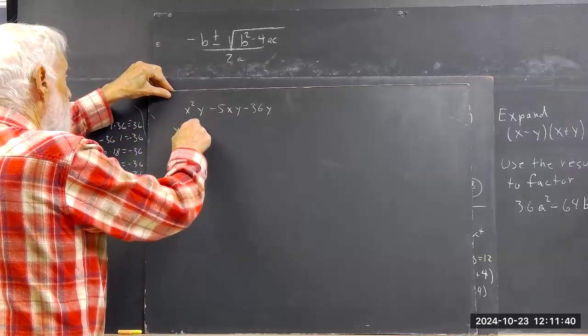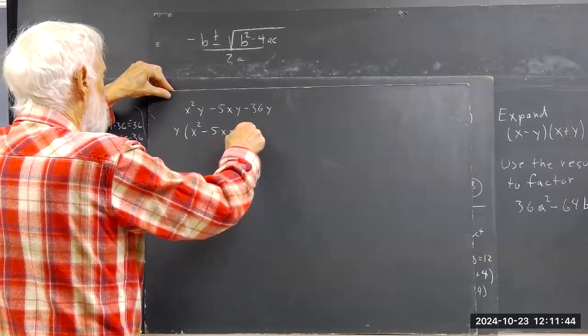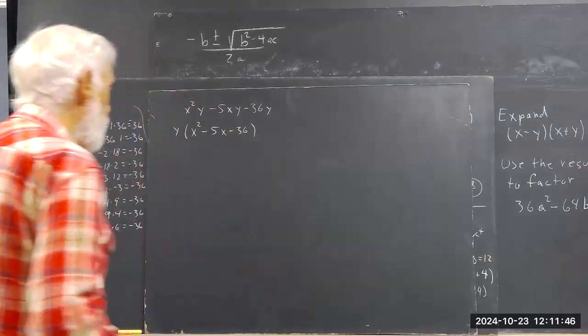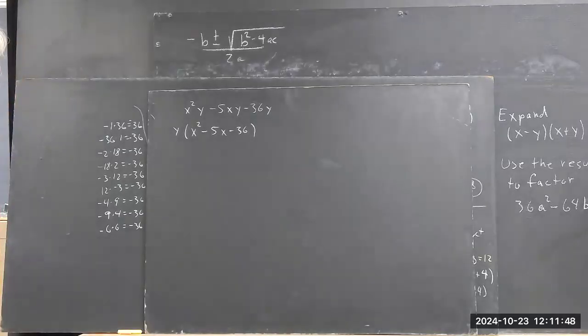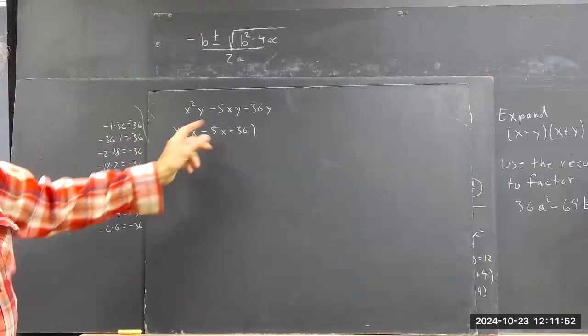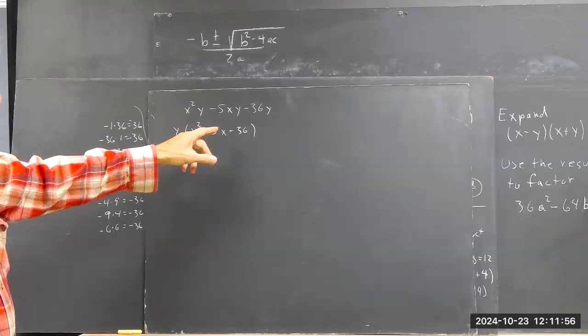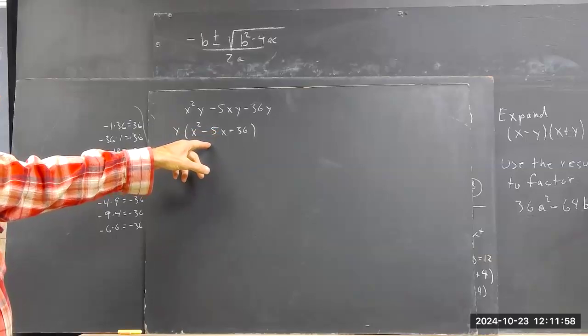We have y times x squared minus 5x minus 36.